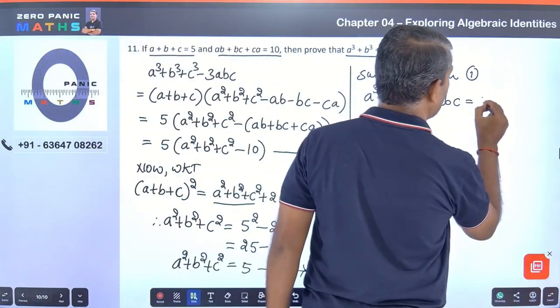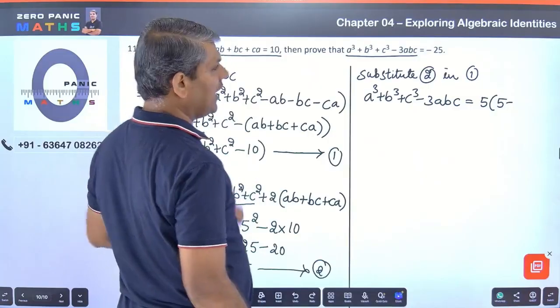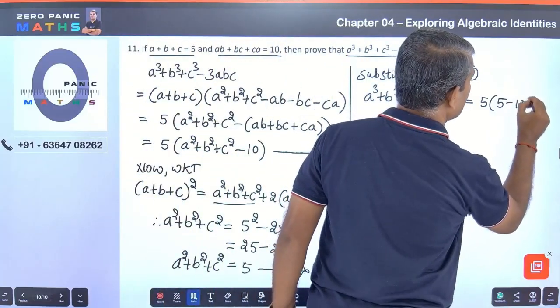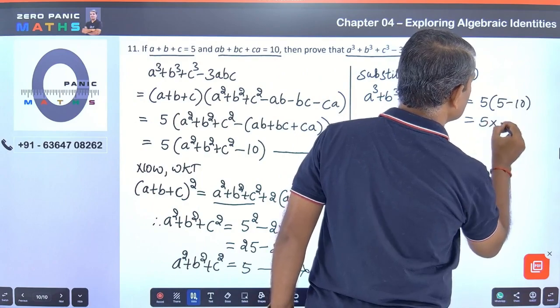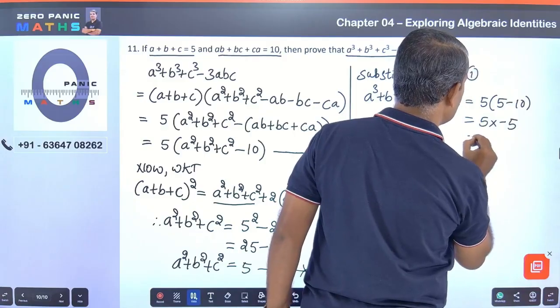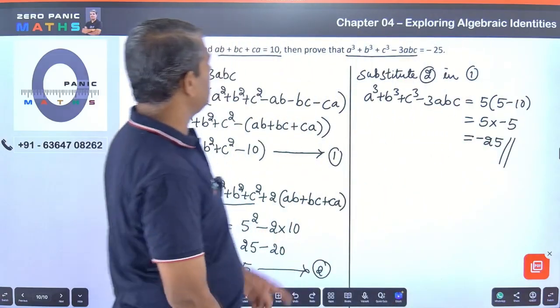Okay, so let me write this as 5 times of 5 minus 10, and that is equal to 5 into minus 5, and that is equal to minus 25. And this is what the proof required.